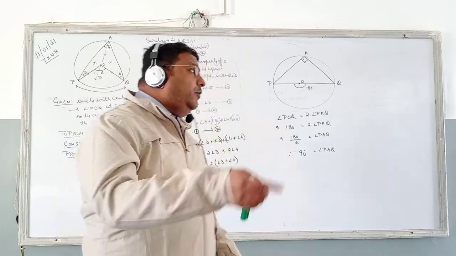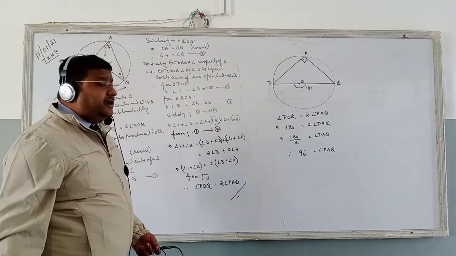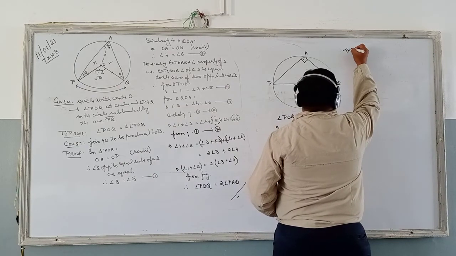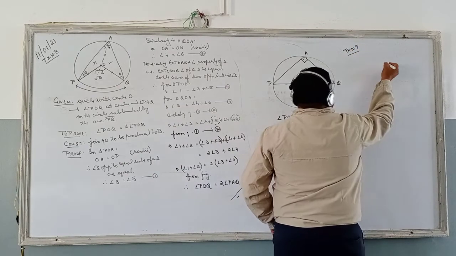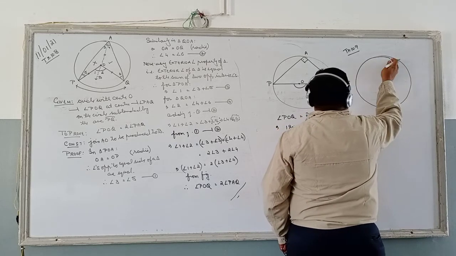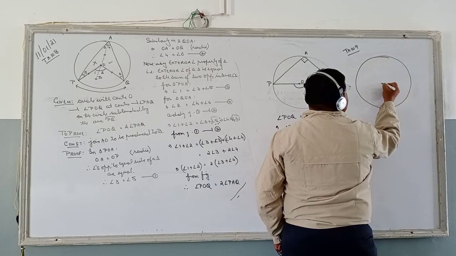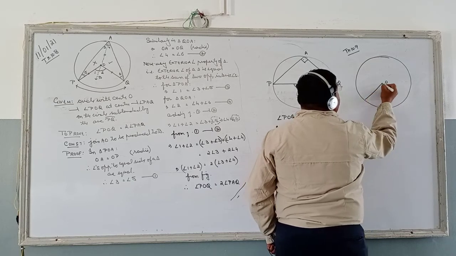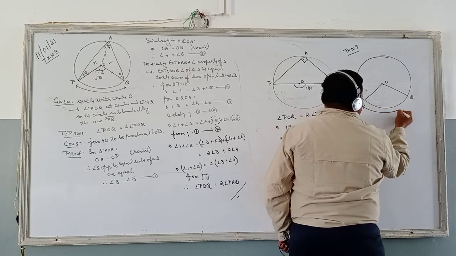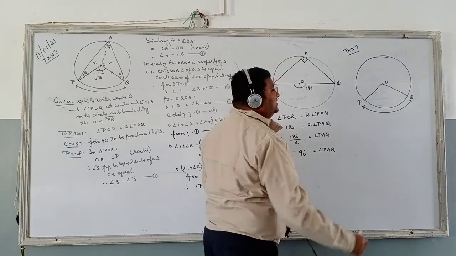Right? And from the very same theorem 10.8, we can also prove theorem number 10.9. Theorem 10.9 says that angles in the same segment of a circle are equal. Please check. Say this is the circle with center O. This is a line P and Q. This is the arc PQ. This is the angle.